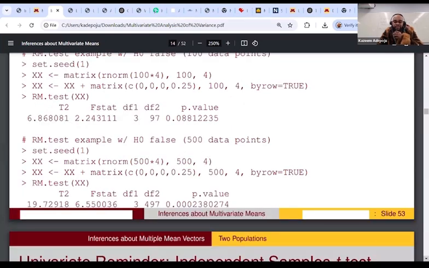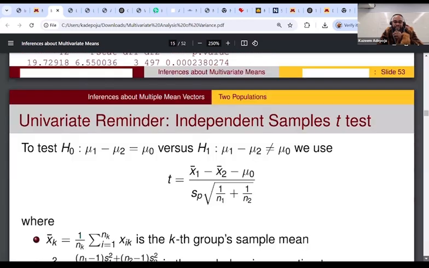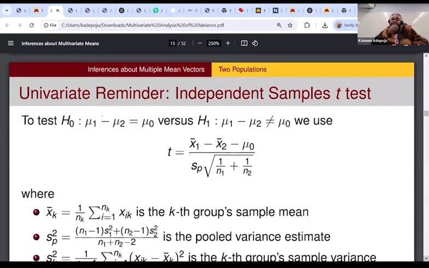Now, that is all I have about dependent samples. What I've walked you through today is how we can extend a paired t-test for two groups and a repeated measure ANOVA, for univariate, to multivariate.